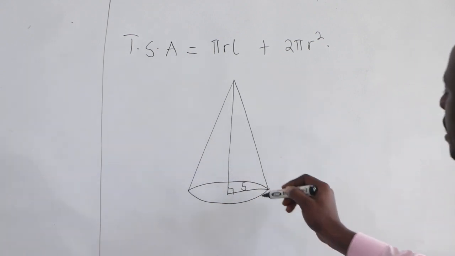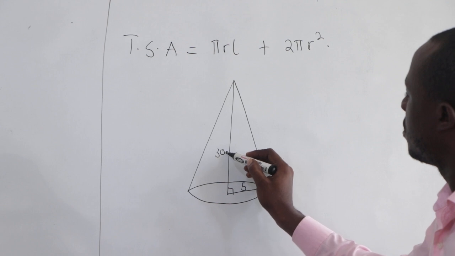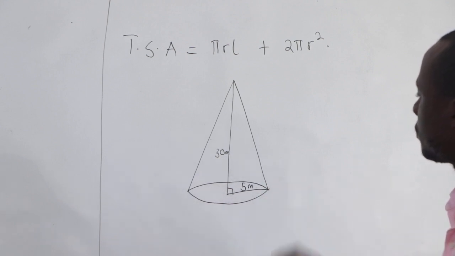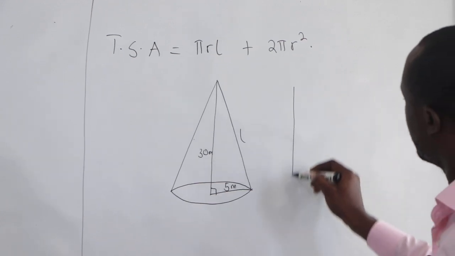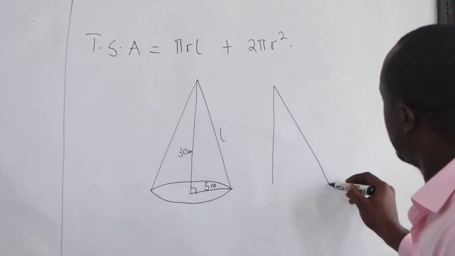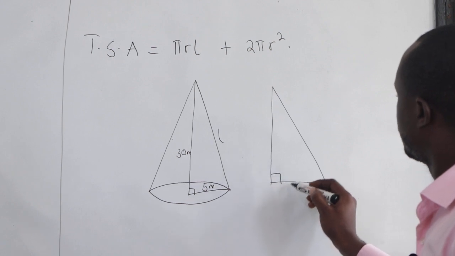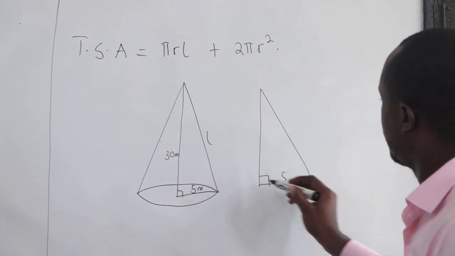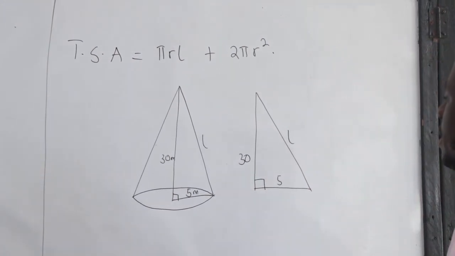The height was 6 times the radius. So this will give us 30 meters. Now, this is the slant height. So we can come out with this right angle triangle. Now this is 5, this is 30, and this is my L.